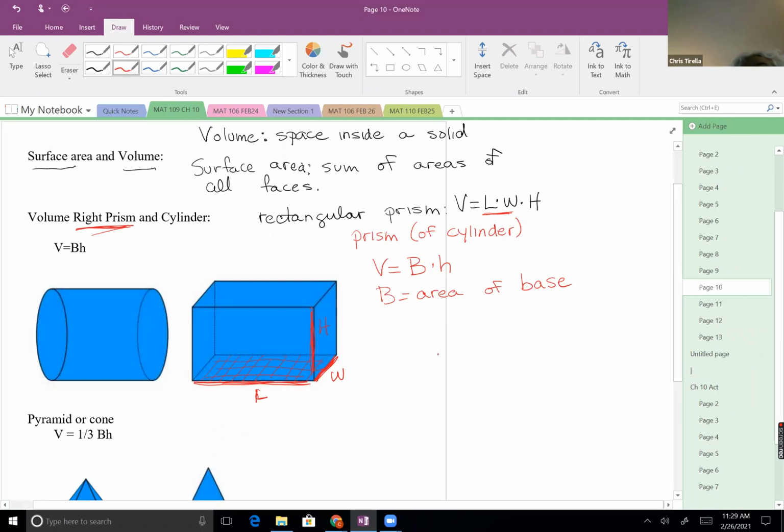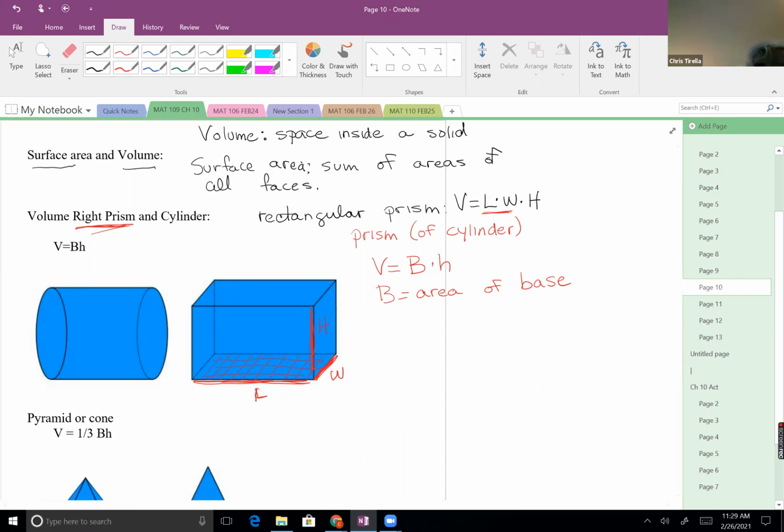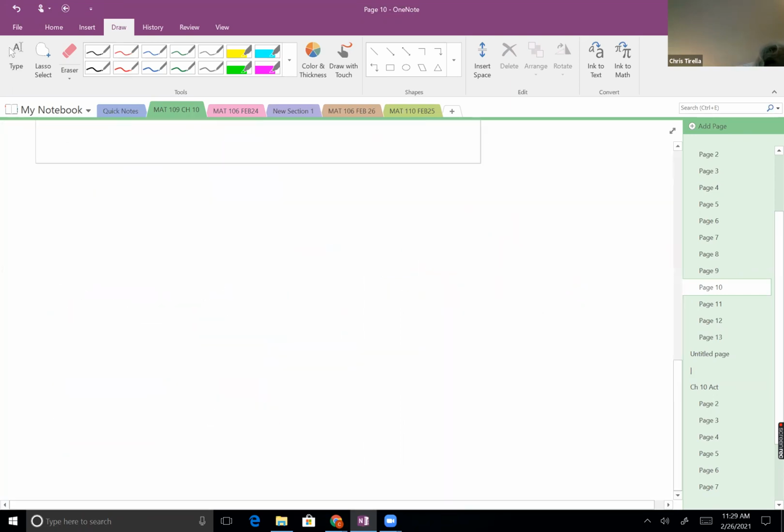And so I'm going to scroll down to the blank space at the bottom of the page and look at two examples. First, let's look at a right triangular prism.